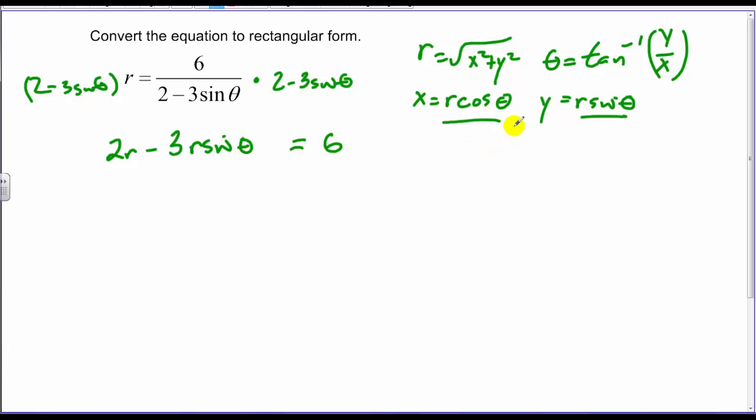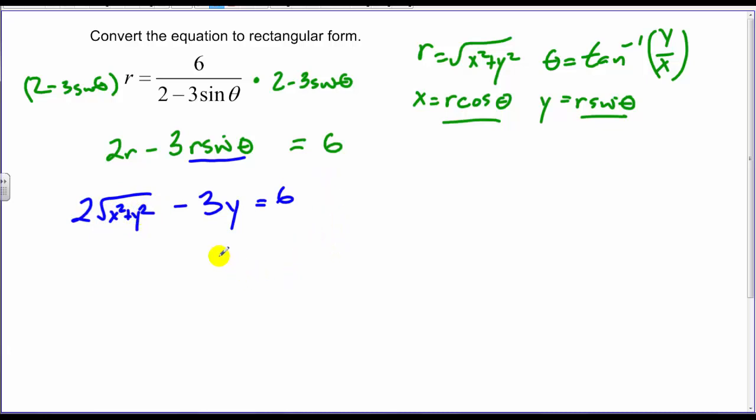The goal is to make a simple substitution for x or y whenever I can. And you'll notice right here, here's an r sine theta, which is just a y value. And 2r, I can substitute r with the square root of x squared plus y squared.